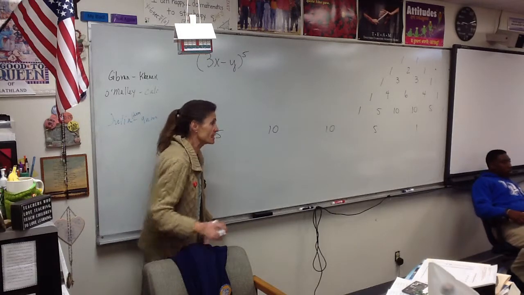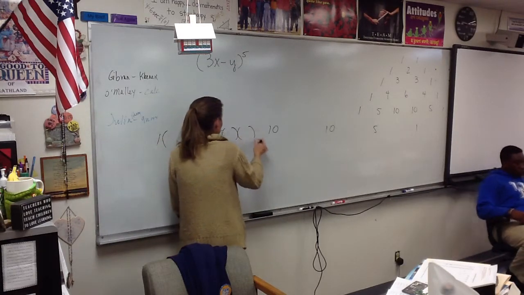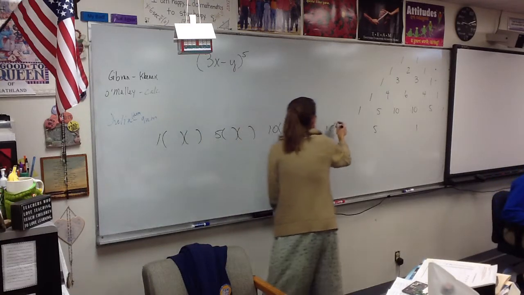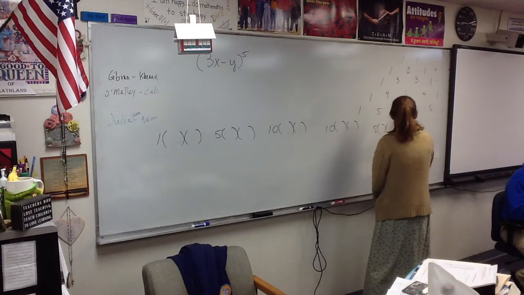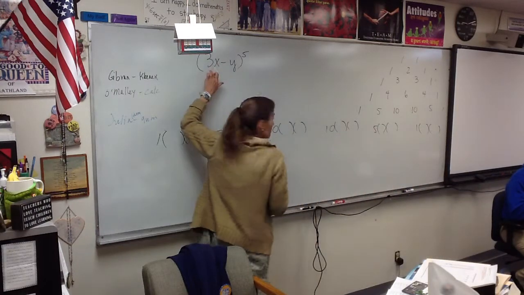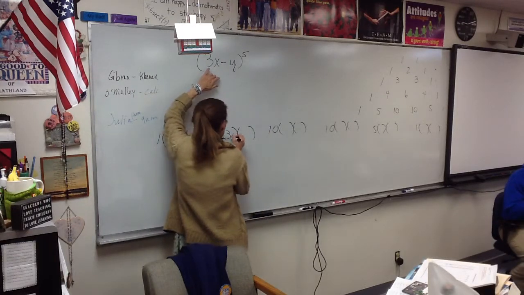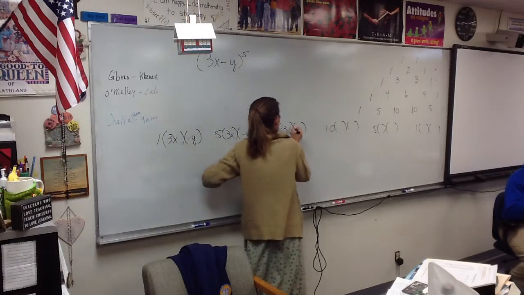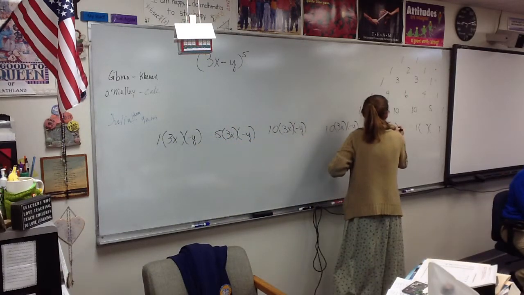Put in the things, Dane says. Each term is going to have 2 parentheses attached to it. And in those 2 parentheses, it's always 2 parentheses. And in those 2 parentheses will be, in this problem, 3x and negative y. The 2 parts of the problem.